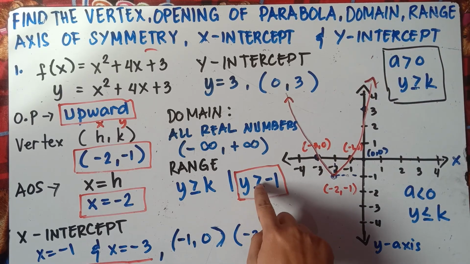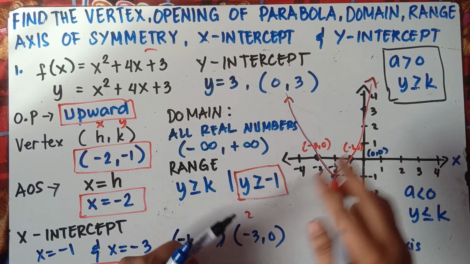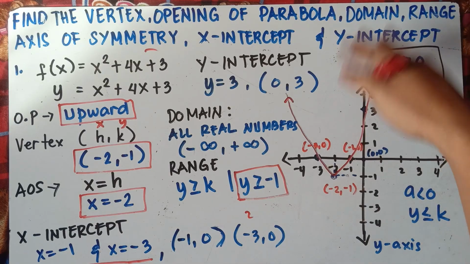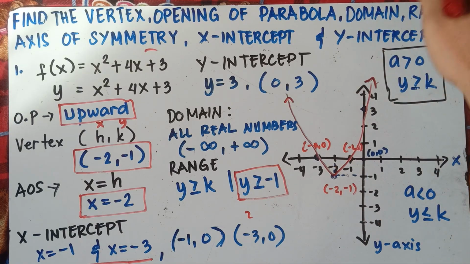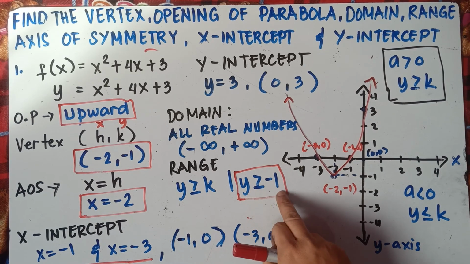Why is that, sir? Because y could be 2, y could be 3, y could be 4, y could be 5. Because our parabola opens upward, it goes to positive infinity. So that's why you have y is greater than or equal to negative 1.